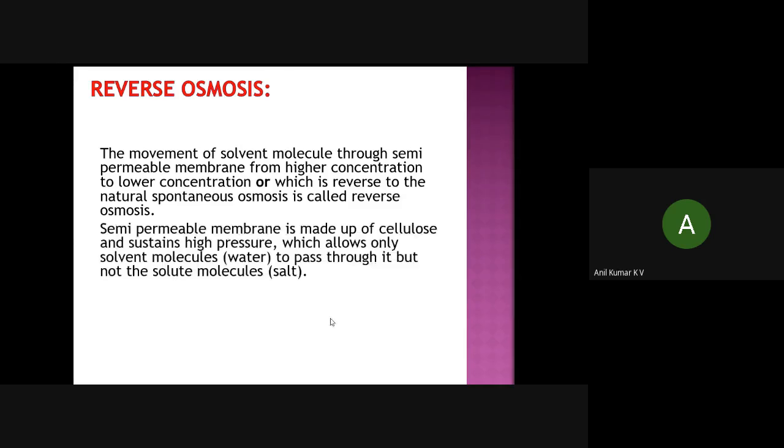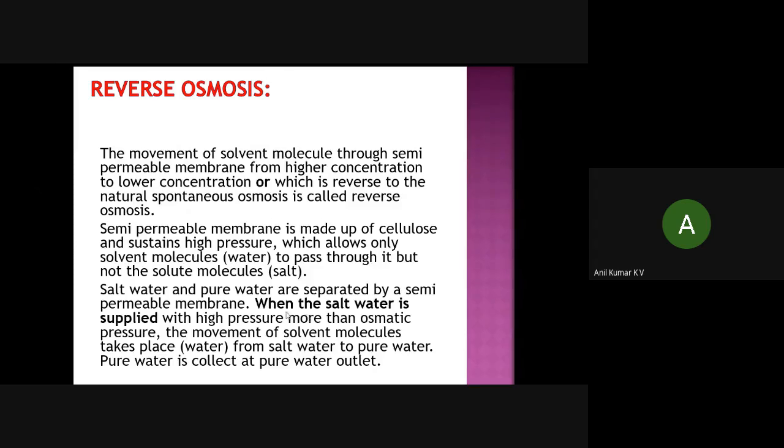In this reverse osmosis method, semi-permeable membranes are used, for example cellulose, which sustains high pressure and allows only solvent molecules to pass through it, but not the solute molecules.